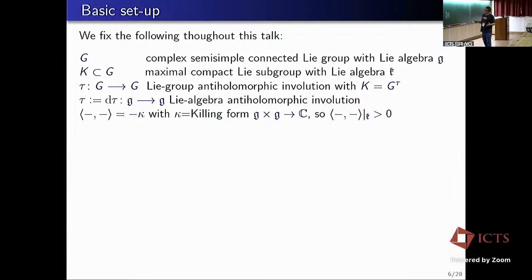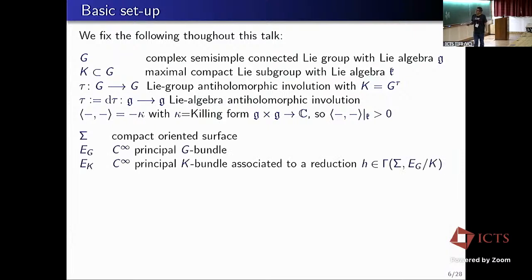The fixed point set is the maximal compact K. And we will also fix an invariant inner product on the Lie algebra. And as I said, sigma will be fixed, and then we have a principal bundle there, and a reduction to the maximal compact subgroup K.